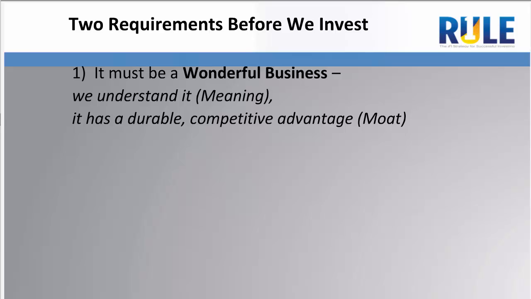And that's where you see businesses get in trouble: they lose that advantage. Maybe they never had one, but if they had one and they start losing it, then it's time for us to head for the doors. And we want it to be durable. We want to know, okay, that's a great advantage, and it'll be here for another 10 or 20 years. So we'll talk about moat here in a few minutes. It's a real key concept to what we do.